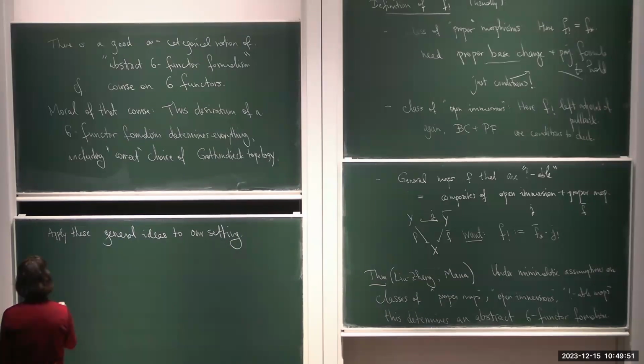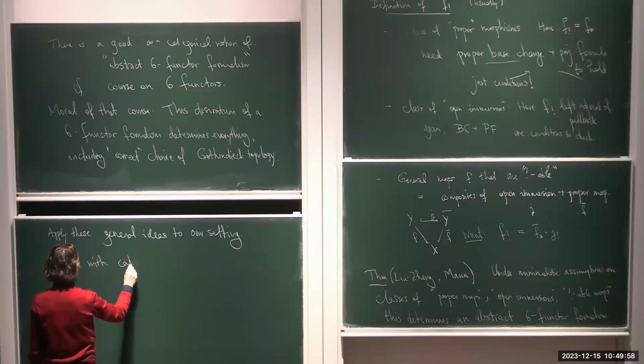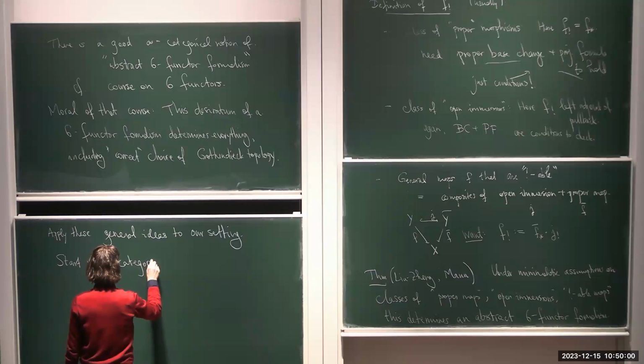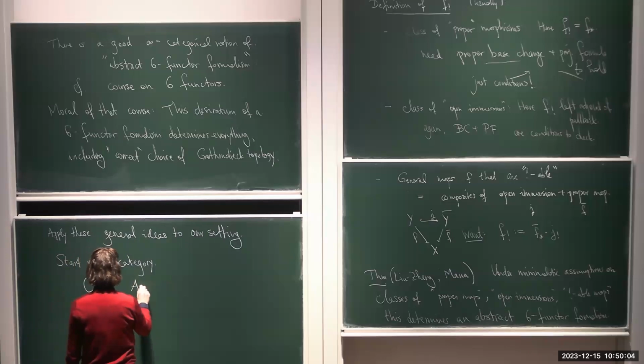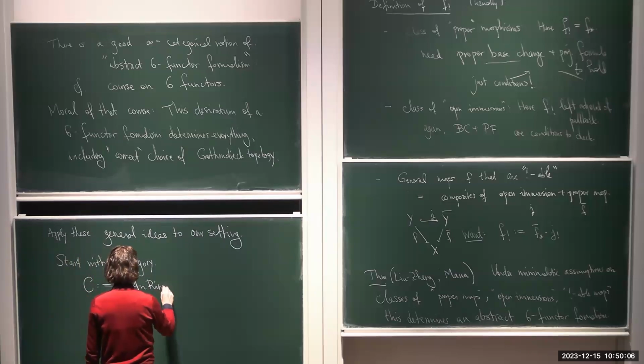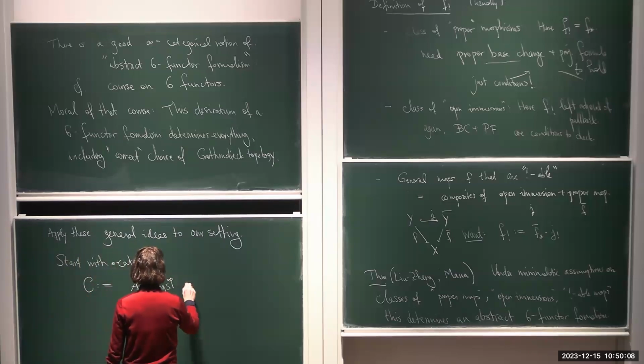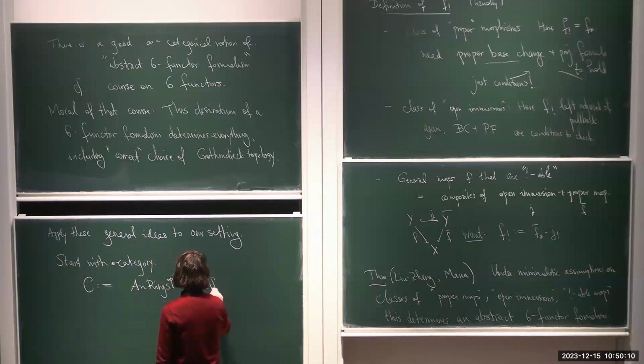We start with a category, or infinity category, C, which is analytic rings op. And we call them affine analytic stacks, if we want, or affine analytic spaces.